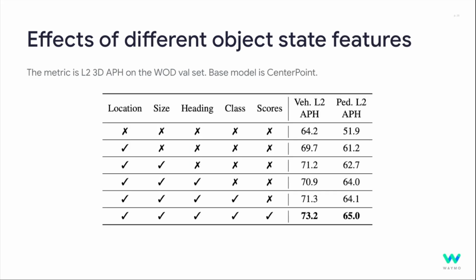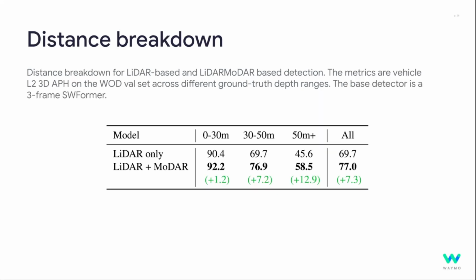For ablation studies, this table shows the effect of different object state features. It turns out that the object location is the most important information stored in the MoDAR points. We also observed that MoDAR especially helps with detecting long-range objects. As shown in the table, MoDAR improves performance by 12.9 APH for vehicles beyond 50 meters.